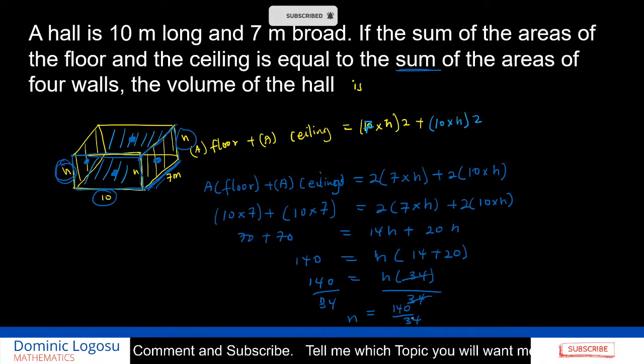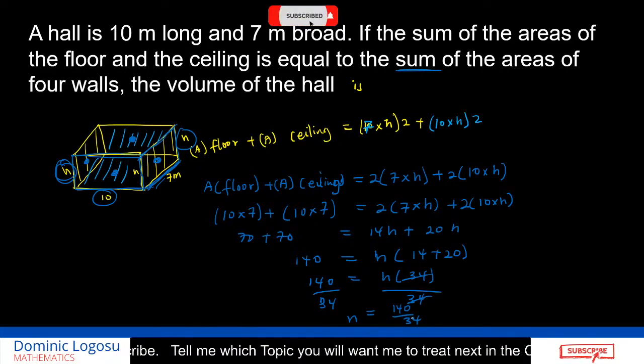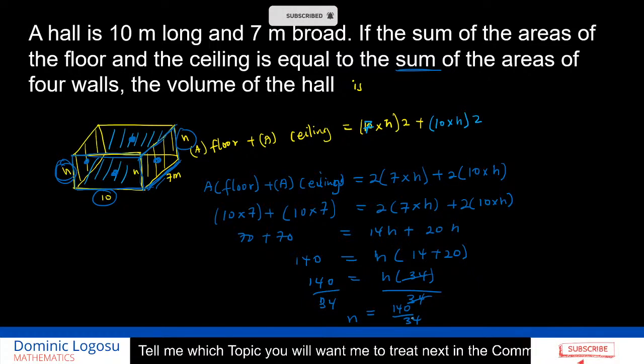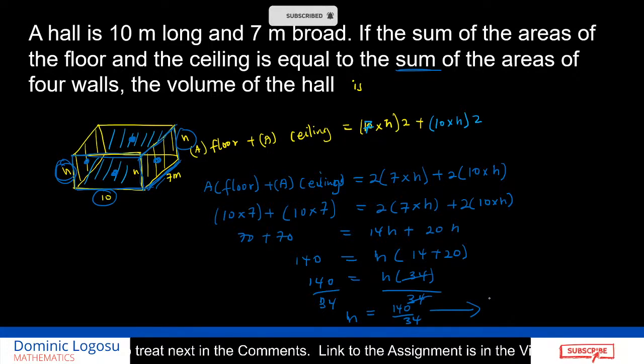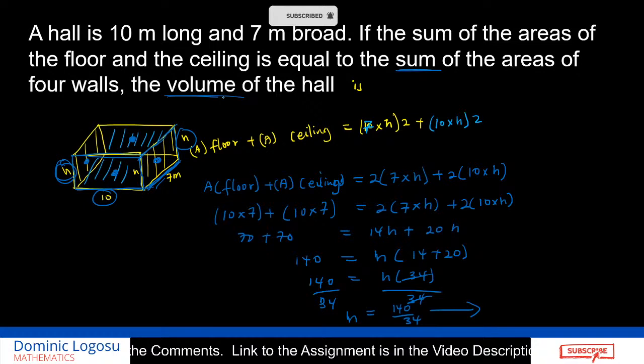So what do you think the answer will be? 140 divided by 34, so that we can find the height. Once we find the height, we should be able to find the volume.